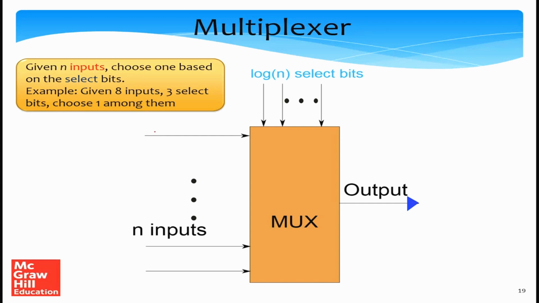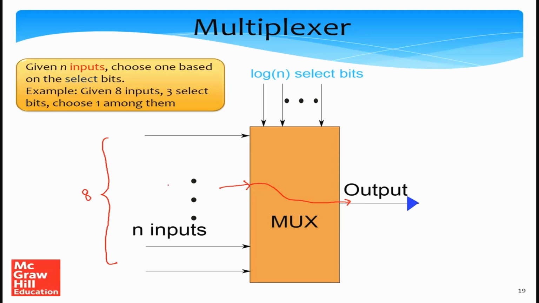So let's consider a multiplexer. In a multiplexer we are given n inputs. We choose one of the inputs as the output based on the select bits. For example, if there are 8 inputs over here, then we'll choose one of the inputs, for example this input, to get reflected in the output based on the values of the select bits.